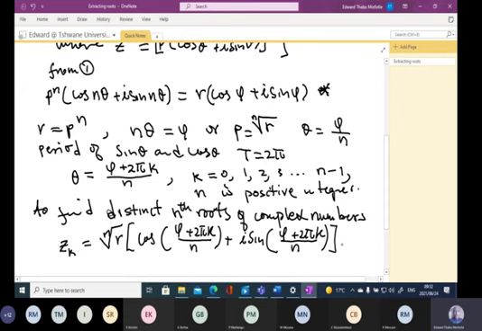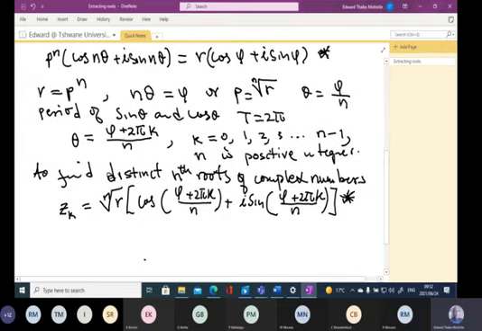Then you close. This is the formula that you are going to use. I have managed to derive that. We are going to use that formula to determine the nth root. So you can start with the formula directly. You don't have to derive it. If you have a way of remembering the formula, you can start directly from this formula and solve whatever problem is given to you.